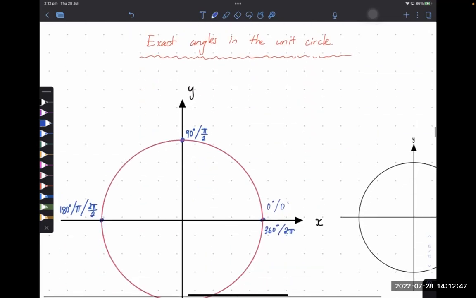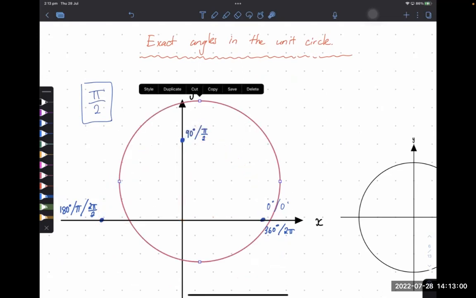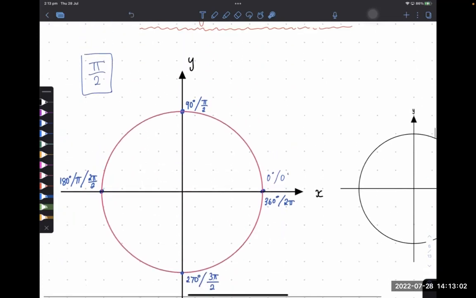This section here, we're splitting it into pi on 2. So if you focus on the top section as 1 whole piece, we're only splitting this in half. So if we start counting this, this is 0. If we start going by this much, this is pi on 2.